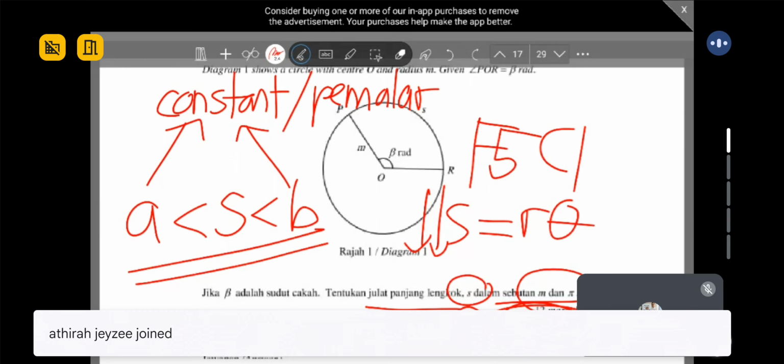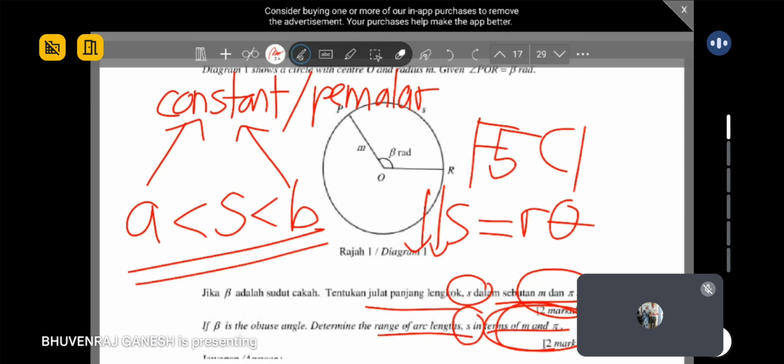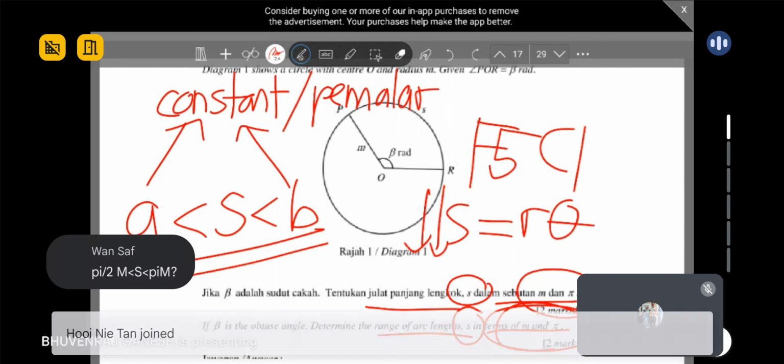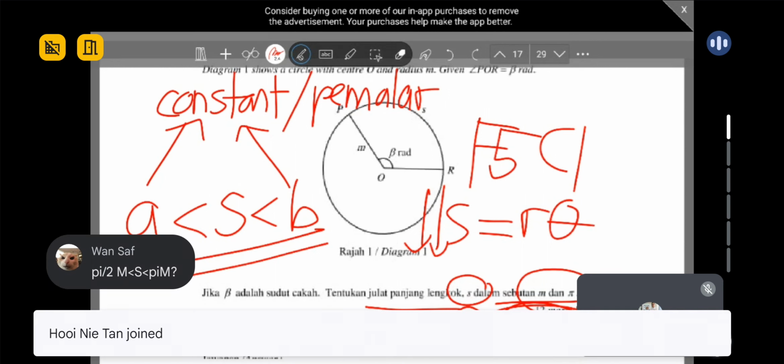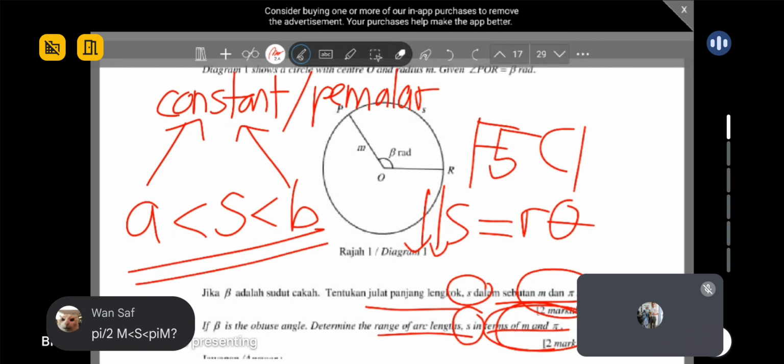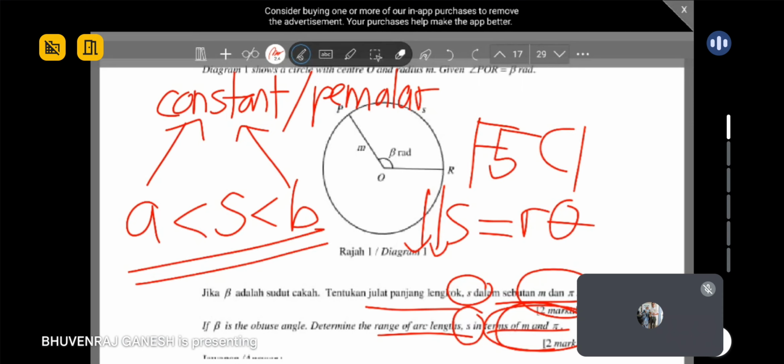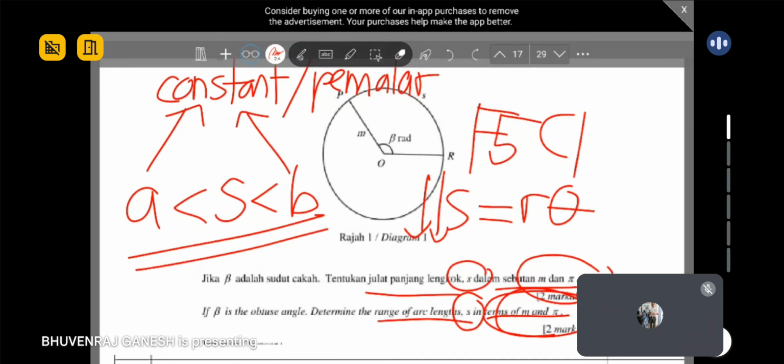Did the question say you can give your answer in terms of beta? Read carefully, guys. Baca betul-betul soalan. Cannot, right? Tak boleh kan? Pi over 2 M less than S less than M pi. Yes, betul. That is the correct answer, guys. Itu adalah jawapan betul.